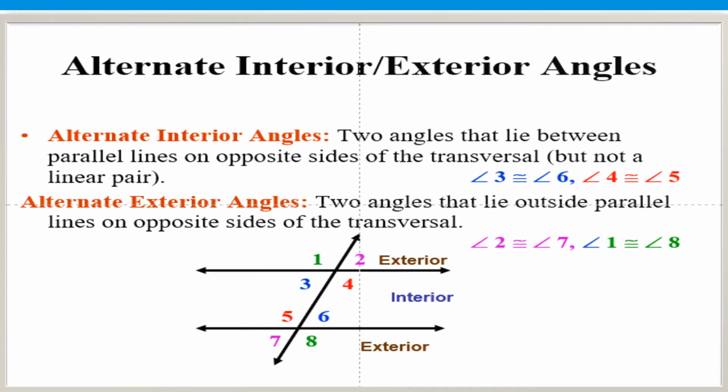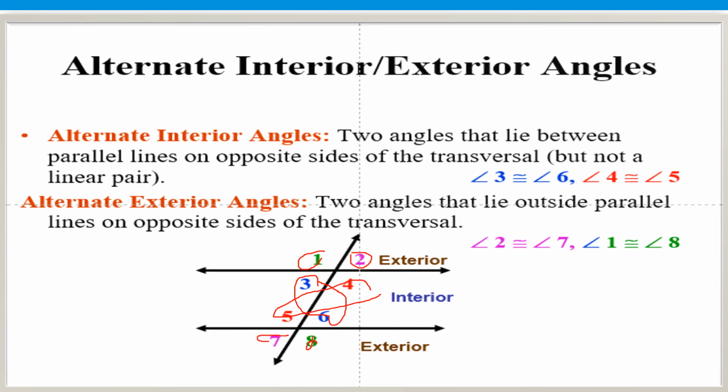For alternate interior or exterior angles, these are two angles that lie between parallel lines on opposite sides of the transversal. So we have here the alternate interior and we have the alternate exterior.